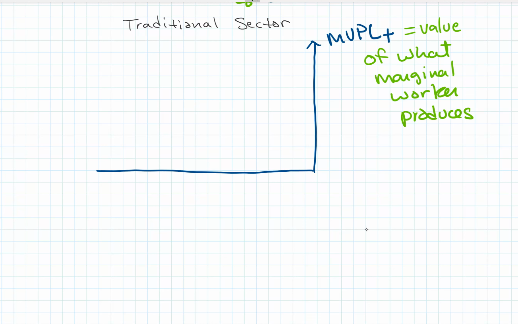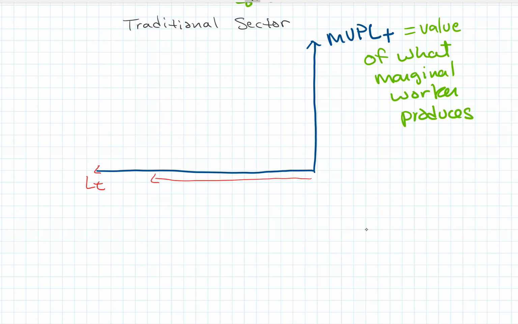Okay, and we're going to reverse our scale, so our labor is going to be going this way. This is our labor in our traditional sector. We're going to be adding more labor going that way, and I'm going to work from this other side. So here's our basic idea.